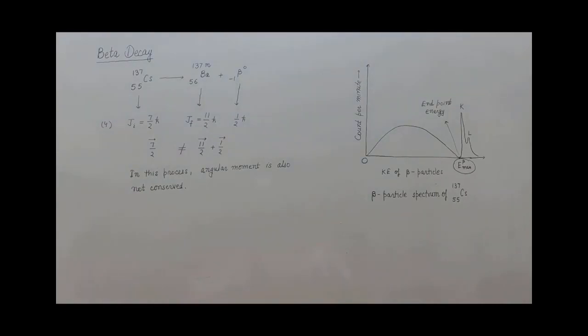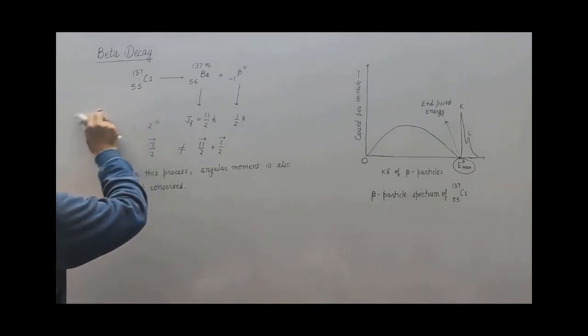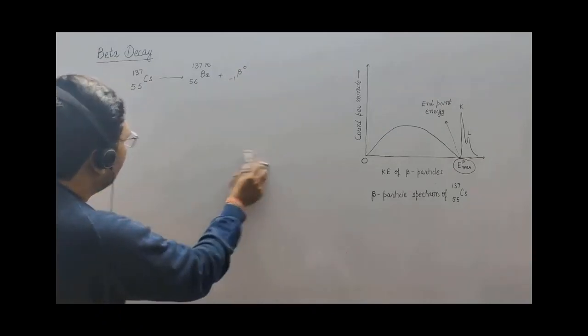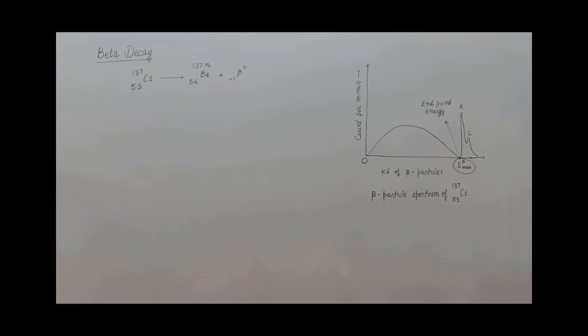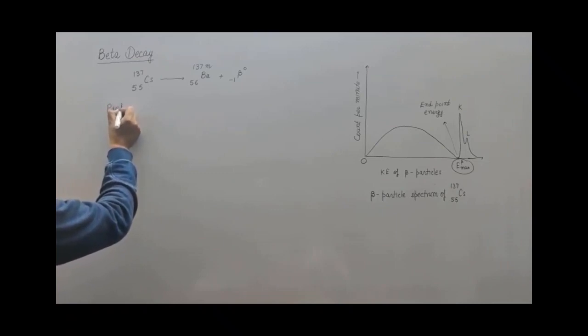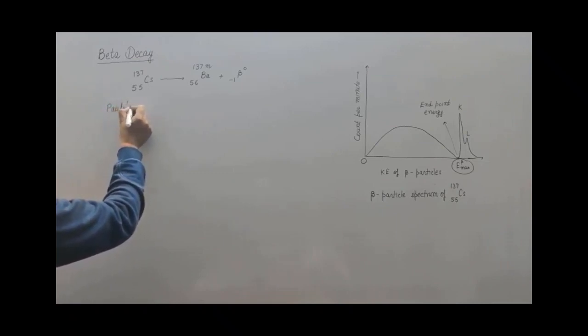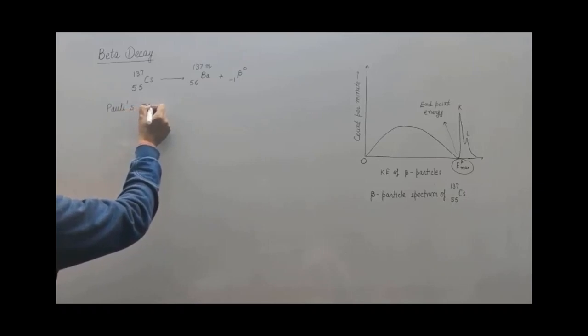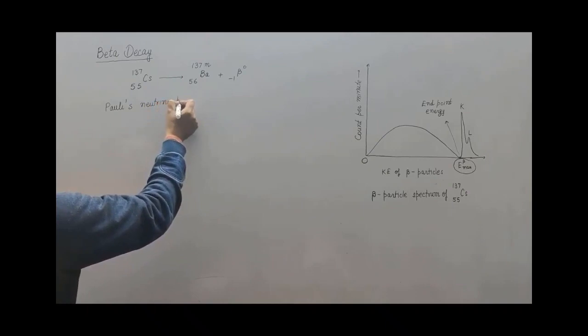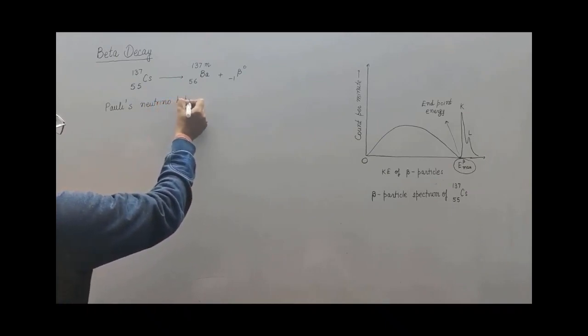To understand these four basic facts, there was a scientist named Pauli, who postulated Pauli's neutrino hypothesis.